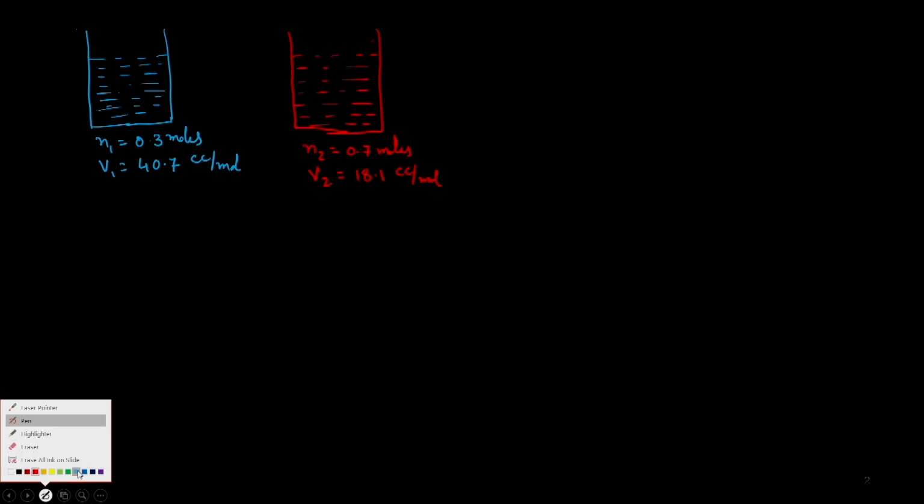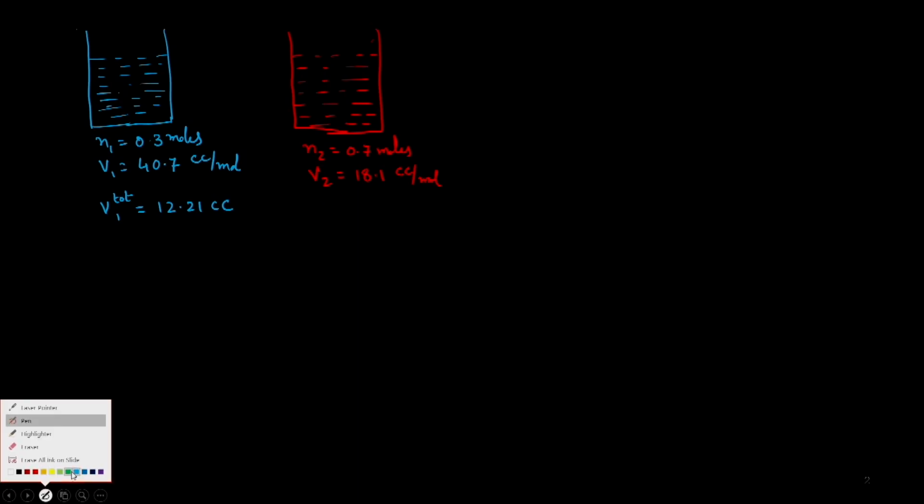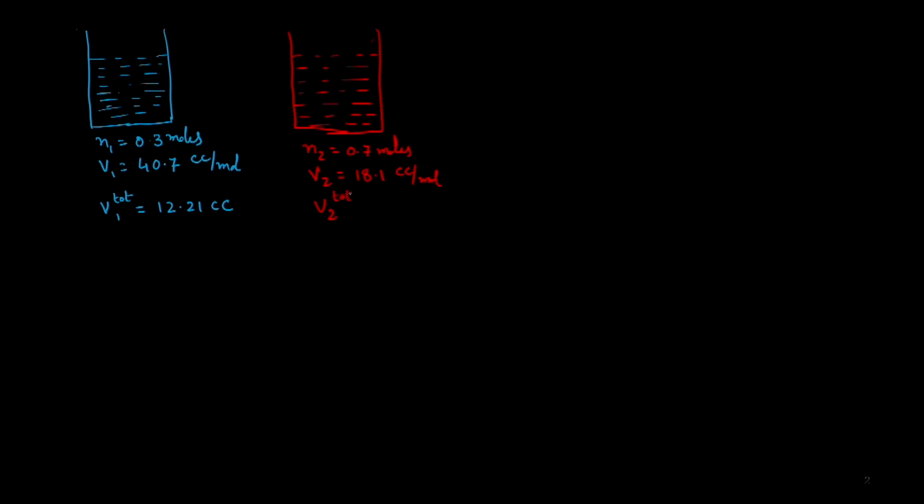Because I have 0.3 moles, this total volume for one here is about 12.21 cc, and the total volume for the water I'm taking is about 12.67 cc. This is number of moles multiplied with the molar volume.